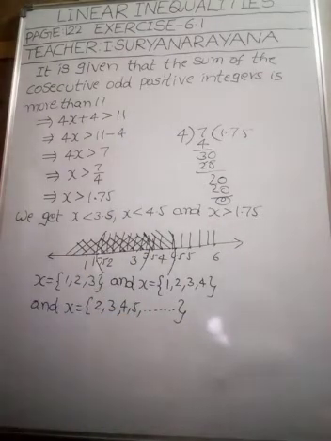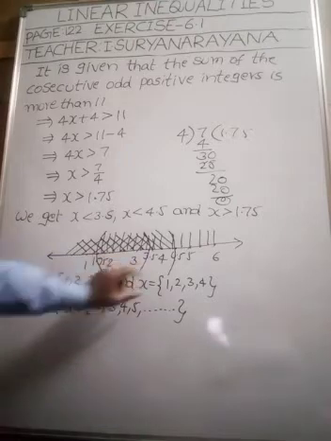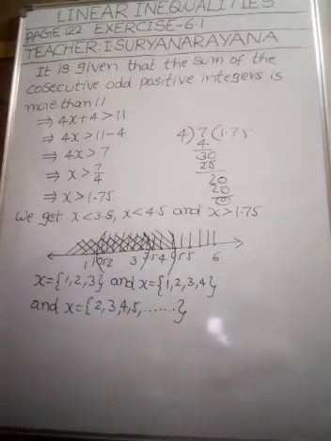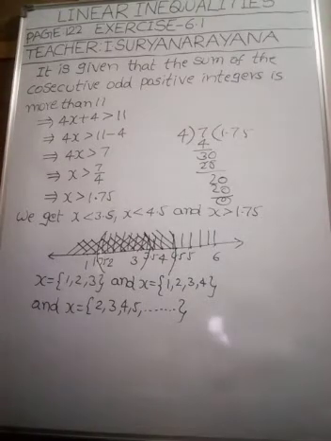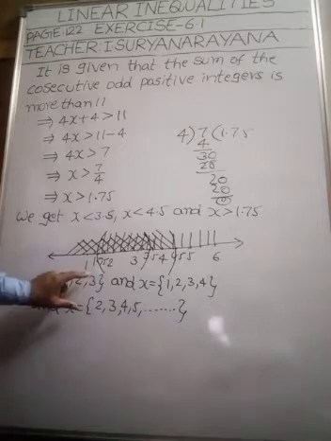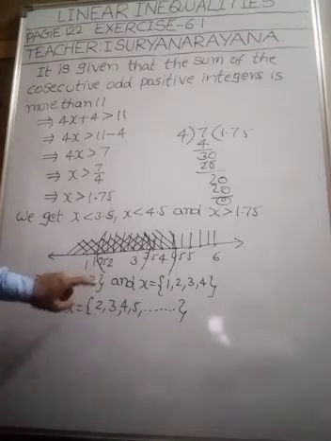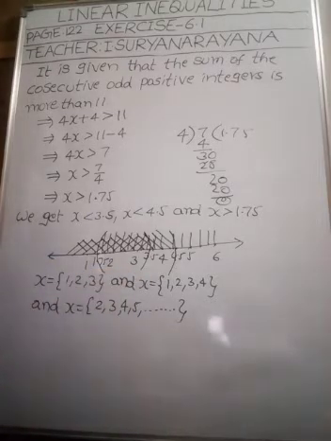Right. Now we have to find the intersection of these three sets. Now let us find the values of x. The values of x is nothing but the intersection of these three sets.